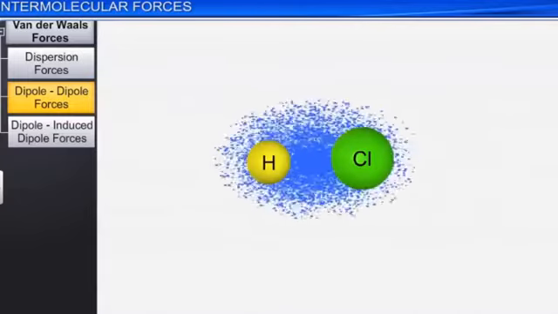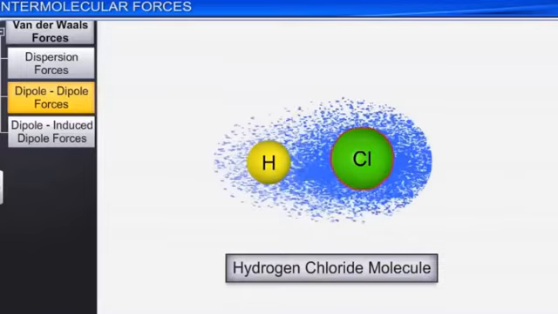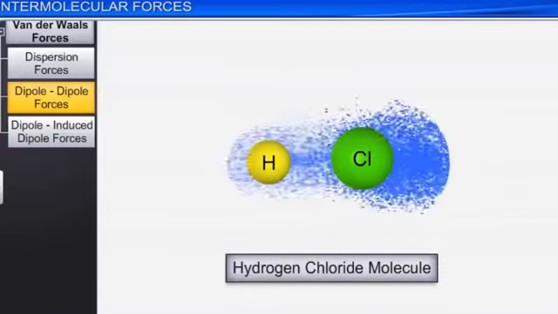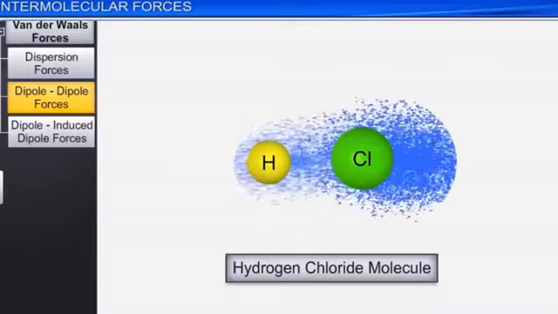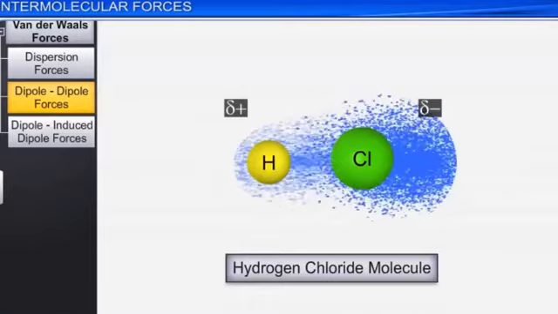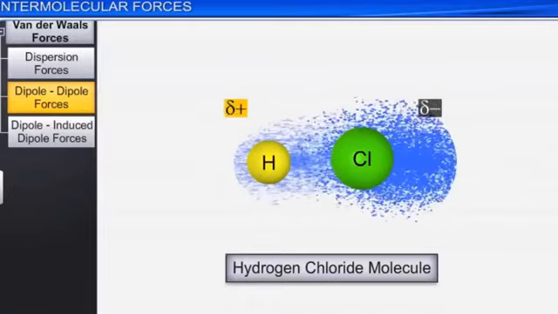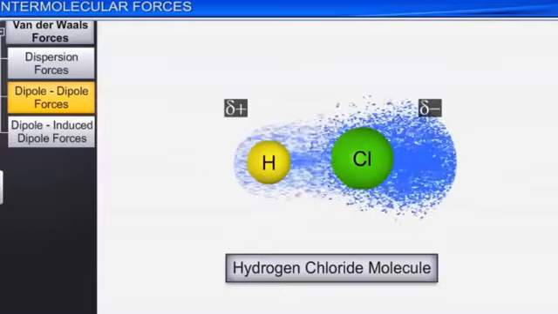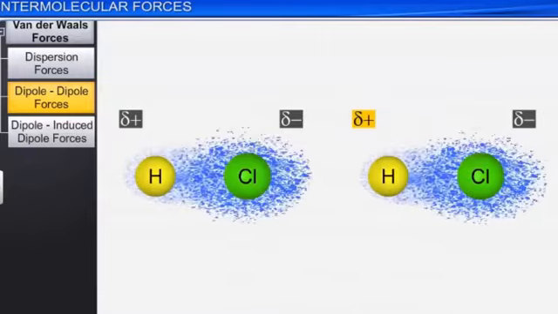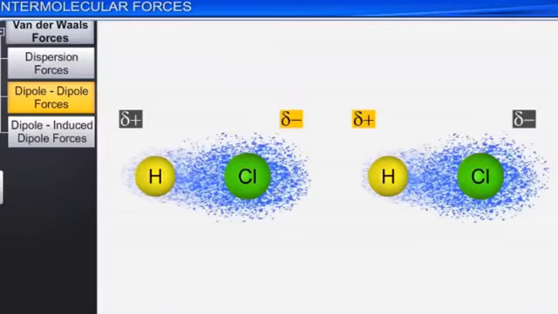For example, in hydrogen chloride, due to the greater electronegativity of chlorine, it attracts the electron cloud more towards itself, and thus, its end has a partial negative charge and the hydrogen end has a partial positive charge. The attraction between the positive end of one polar molecule and the negative end of the other polar molecule forms the dipole-dipole forces.